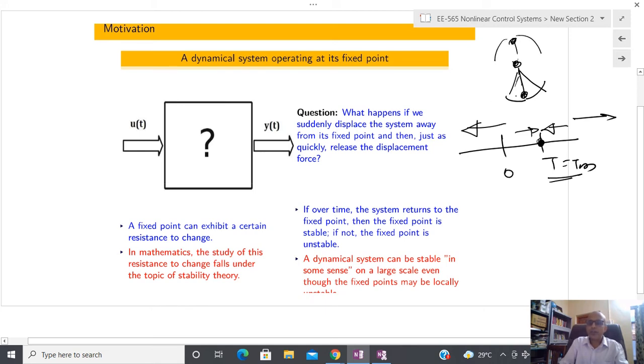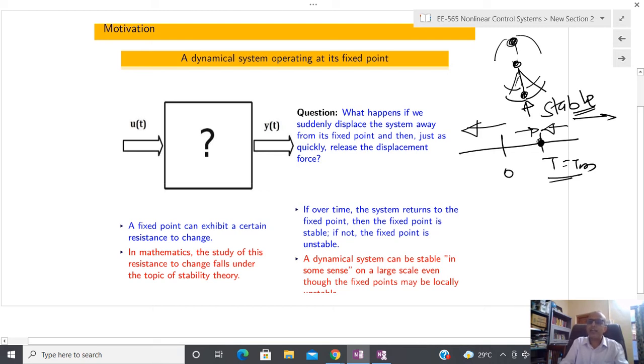If I am able to return back, then the system is called stable. I have already told you that in a dynamical system I have more than one equilibrium point, so I cannot talk about the stability of the whole system. I have to talk about stability of the equilibrium point, and for that reason we say that this fixed point or equilibrium point has a behavior that is called stable behavior.